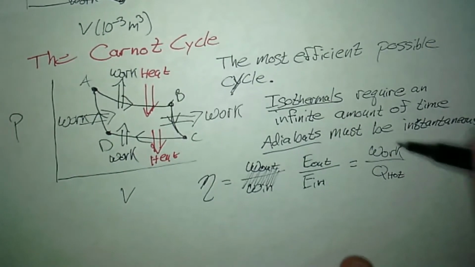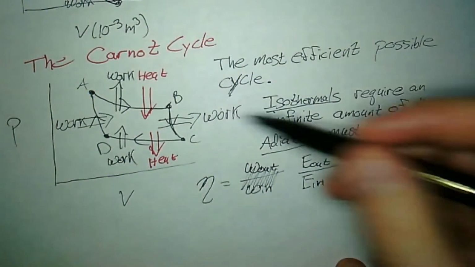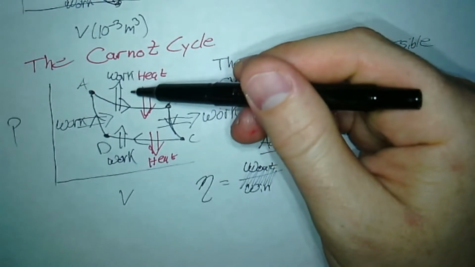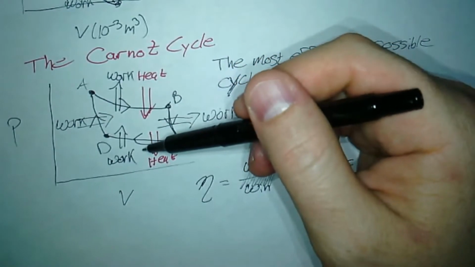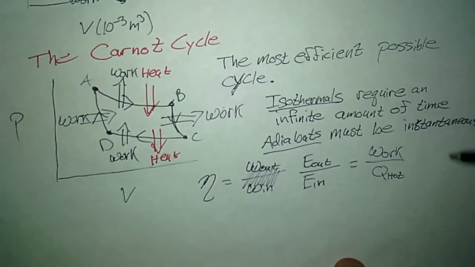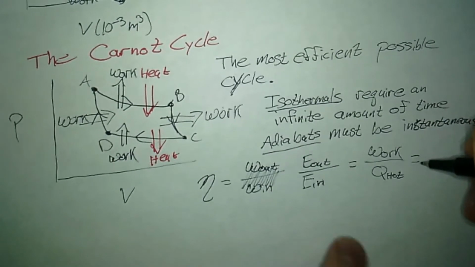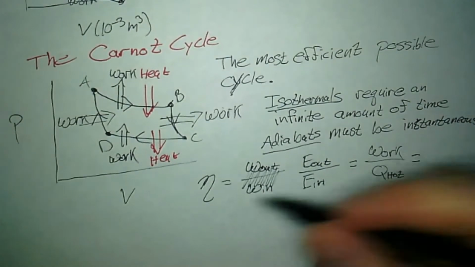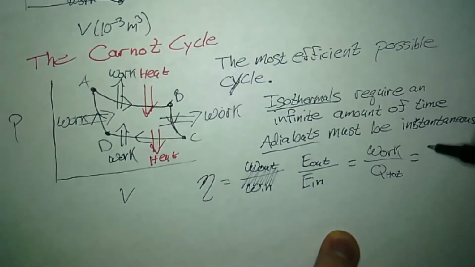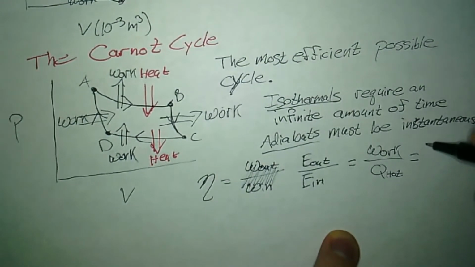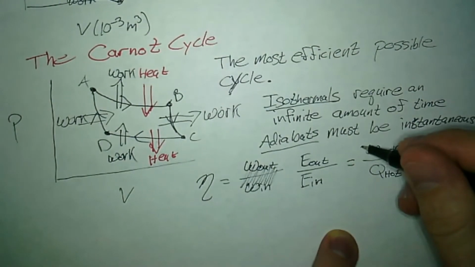So now the work that we're doing, because like I said, these guys cancel out, is going to be the work you get out here minus the work you put in here. And those are both equal to those heats, right? I should say the net work.